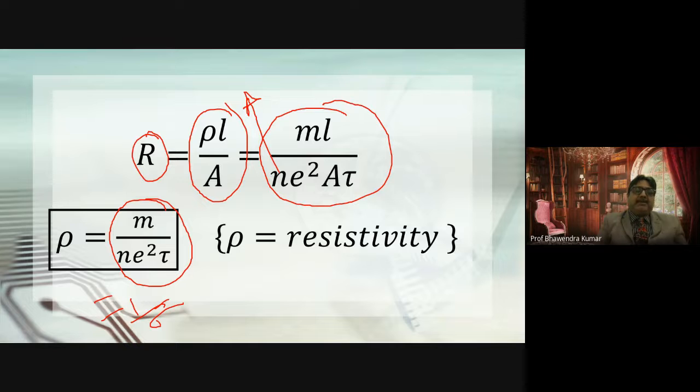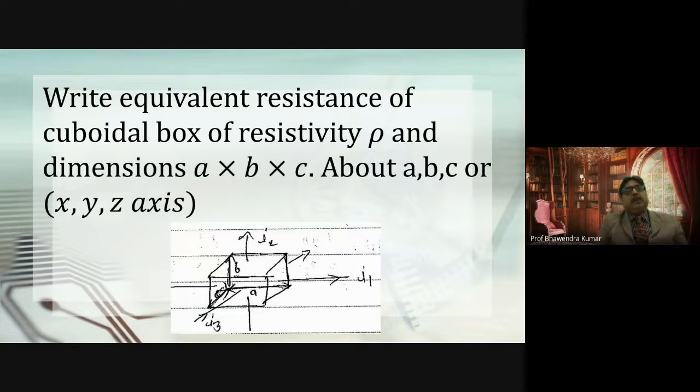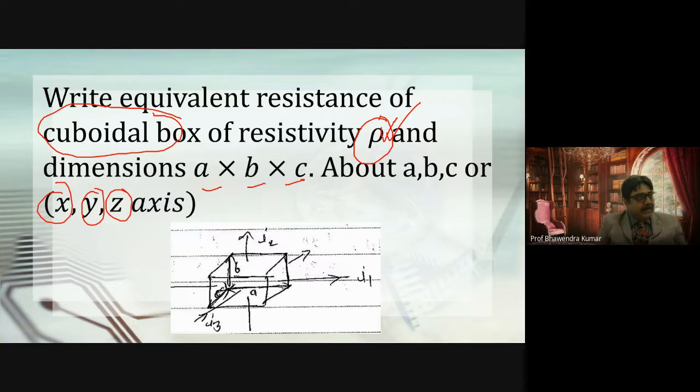Now let us practice with a very small question. We have to find the resistance of a cuboidal box. Means there is a cuboidal shaped conductor whose resistivity is rho, which is uniform, but its dimension is A into B into C. Means along the x-axis, its distance is A. Along the y-axis, the distance is B. Along the z-axis, the distance is C. Can you understand it?